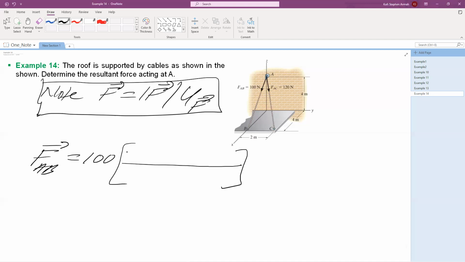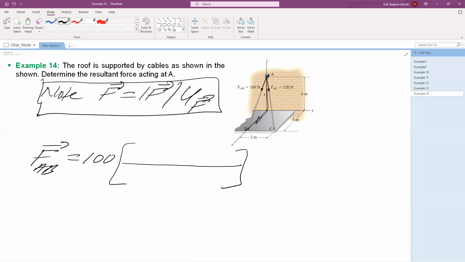What is the unit vector? Here we are using the displacement, so it is displacement over its magnitude. So let's go from A to B. Watch carefully. A to B is lying in the ZX plane. It does not have a Y component. To go from A to B, I come down and then go this way.